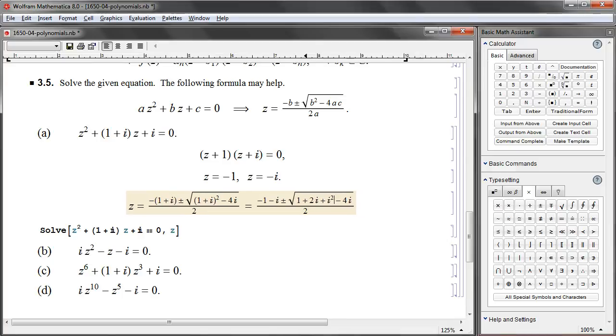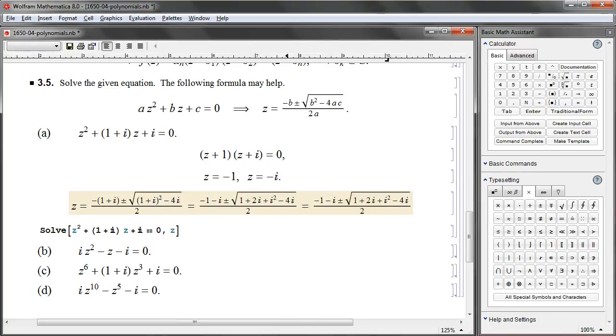That's the same as 1 plus i squared using the complete square formula. And then this minus 4i, and this 2i cancels out. We have minus 2i.